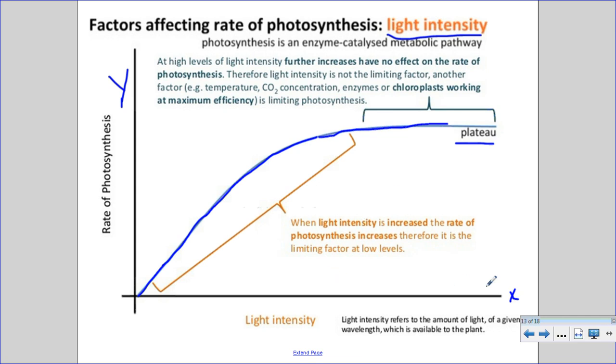Any increases in light intensity will not have an effect on that rate. So at this point, light intensity is no longer a limiting factor, and other factors such as temperature, CO2 concentration, or enzymes, or chloroplasts working at maximum efficiency is now limiting photosynthesis.